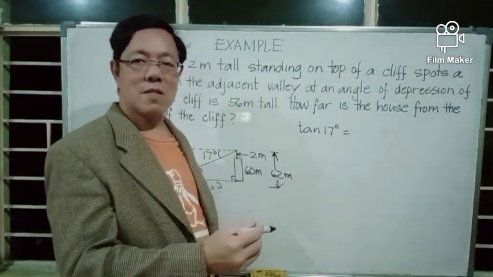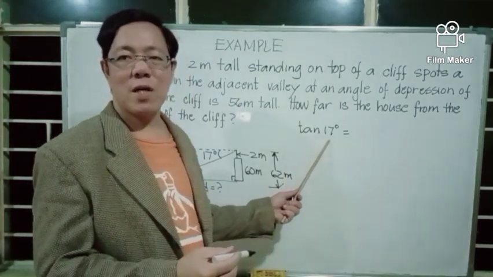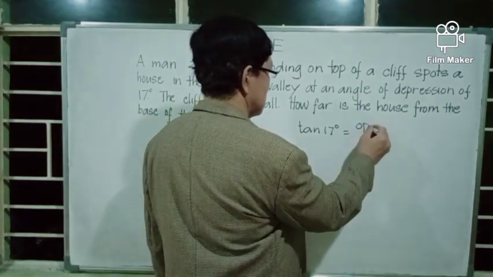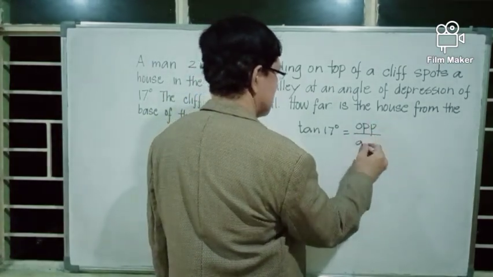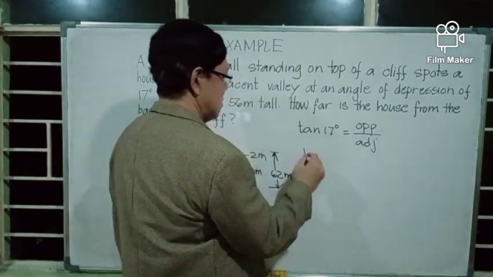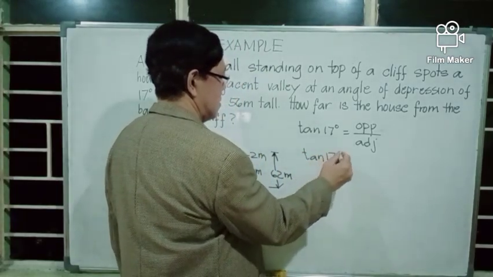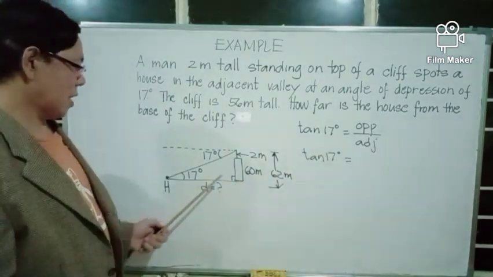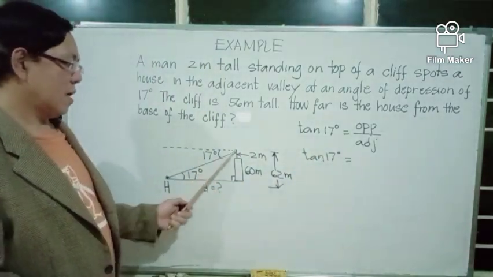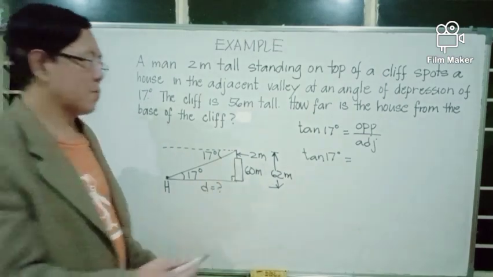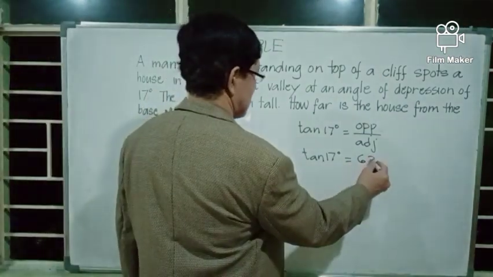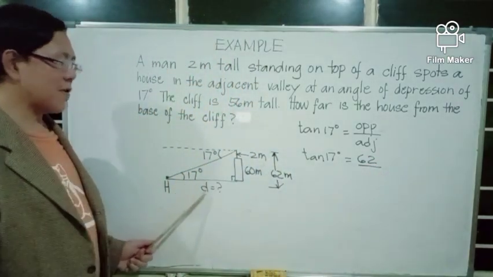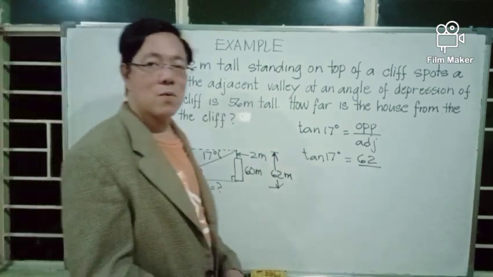Tangent is defined as the ratio: the value of the tangent of an acute angle is equal to the ratio of the opposite side to the adjacent side. From our diagram, the side opposite 17 degrees has a length of 62 meters, and the side adjacent to 17 is D, which is the required.